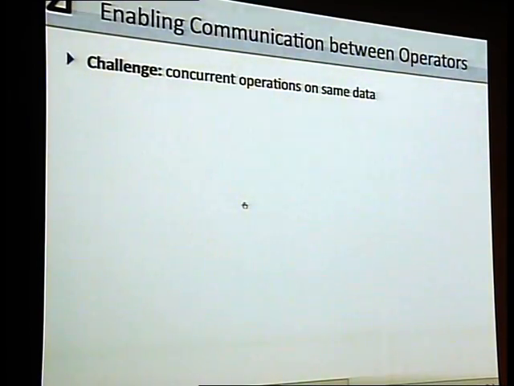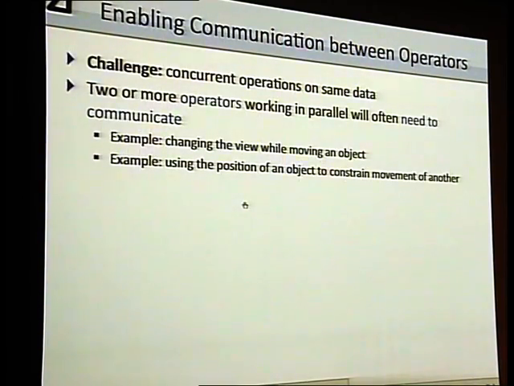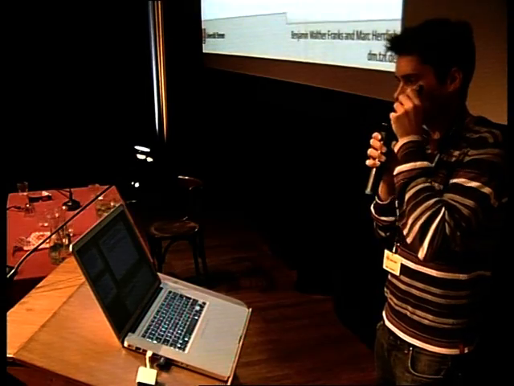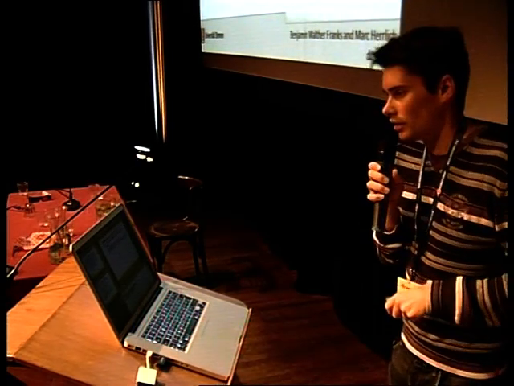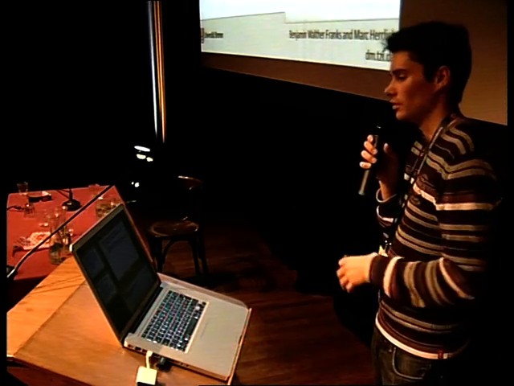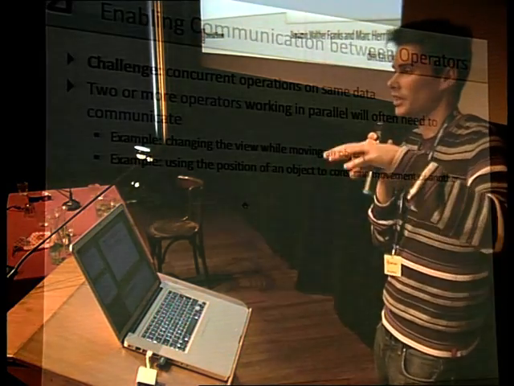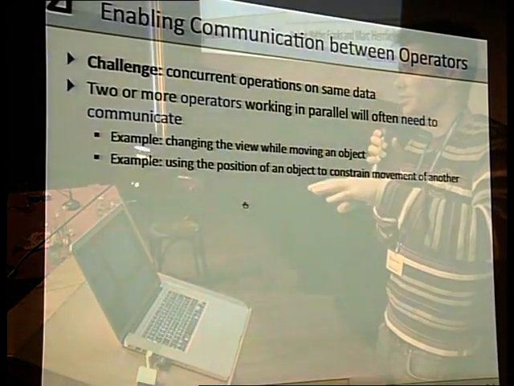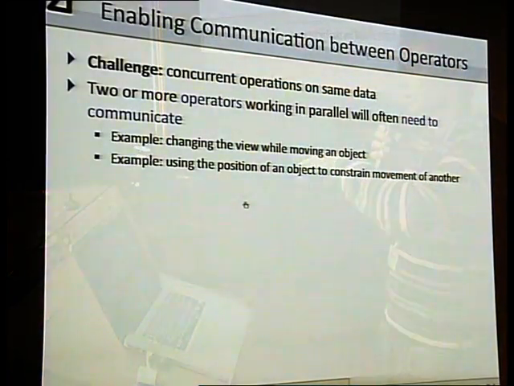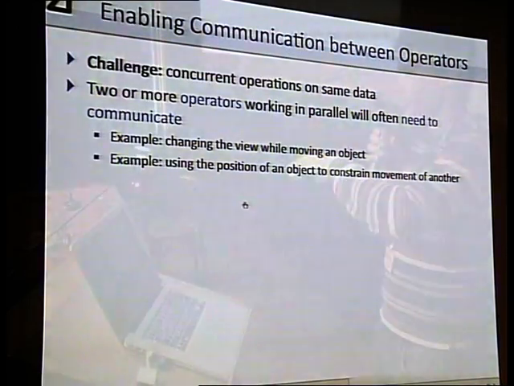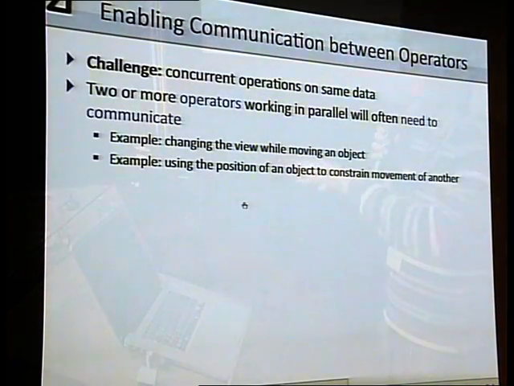Okay, so now we have 2 hands working, but not working together too well. What we also need is to exchange some sort of information. For example, the view pinning, or also the object order constraints you saw. They require that, for example, the view control operation modifies the translation operation and vice versa while they are in control.